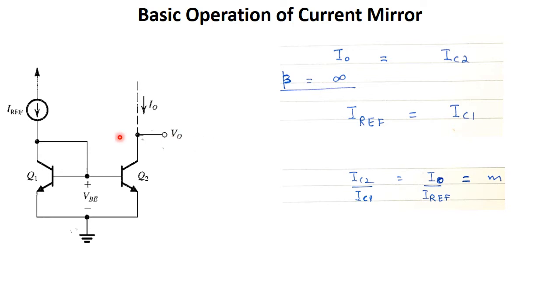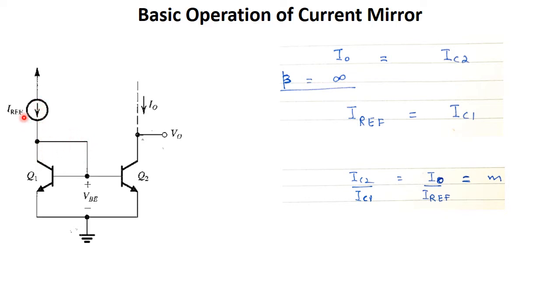The output current flows here, and this output current is the same as IC2. This point is connected to an external circuit, and the output current is the same as the collector current of Q2. If beta is infinite, which means I am going to ignore the base current, so no current is flowing through this branch over here, then I reference is the same as IC1.